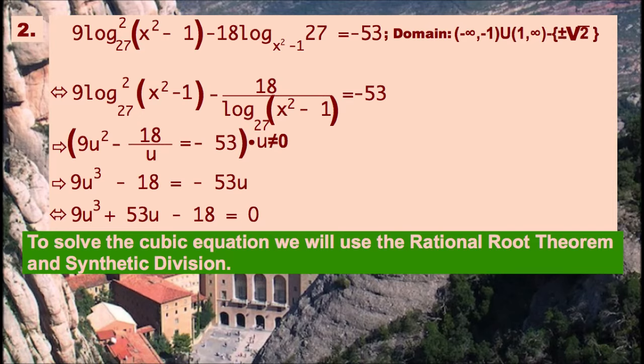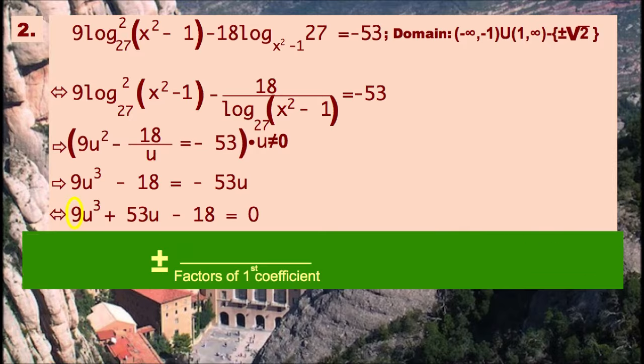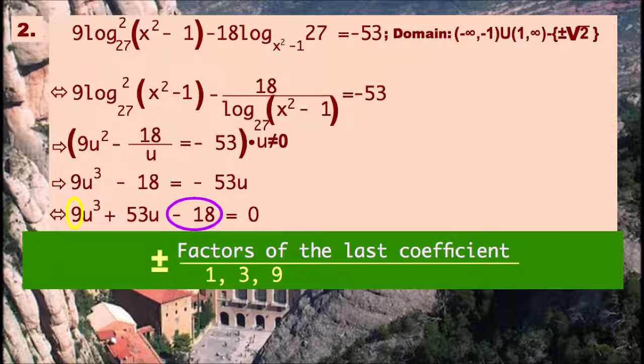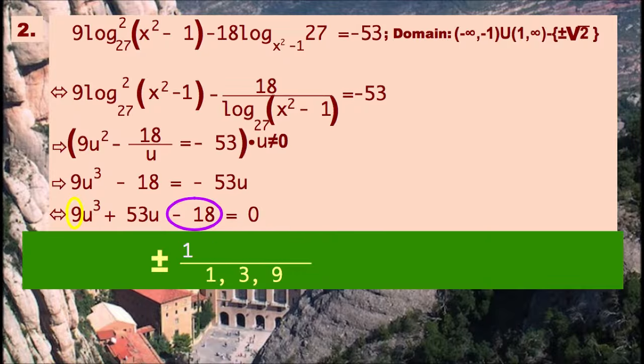So to solve this cubic equation, we will use the rational root theorem and synthetic division. To find the roots that we can test in synthetic division, we put the factors of the first coefficient, 9, at the denominator. So those factors are 1, 3, and 9. Now at the numerator, we put factors of the last coefficient, which is 18, negative 18 for that matter, which are 1, 2, 3, 6, 9, and 18.